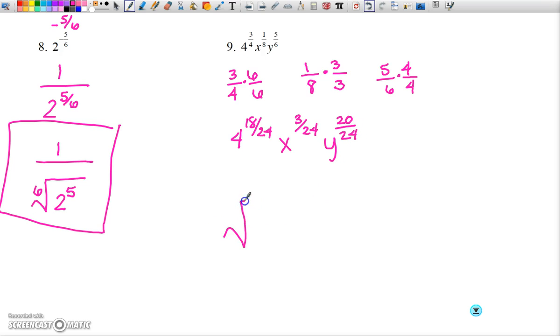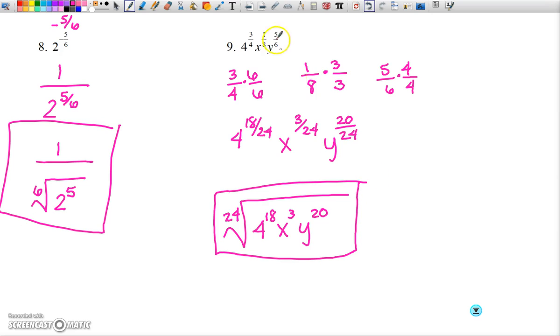So your index is going to be 24, and you will have 4 to the 18th, x to the 3rd, y to the 20th as your final answer.